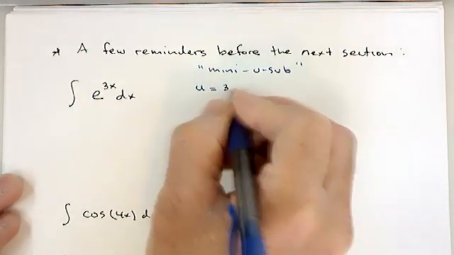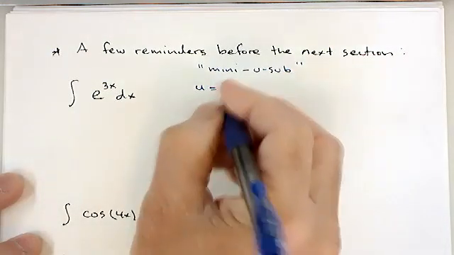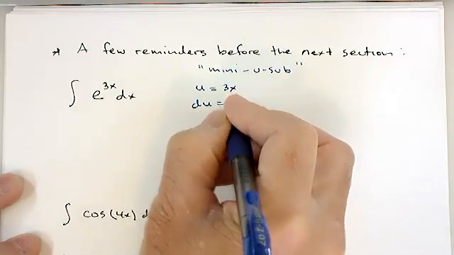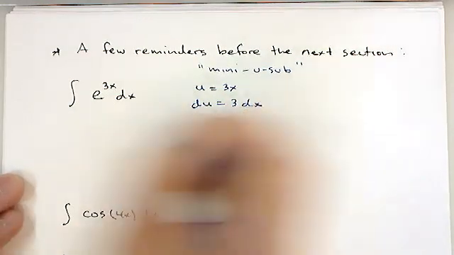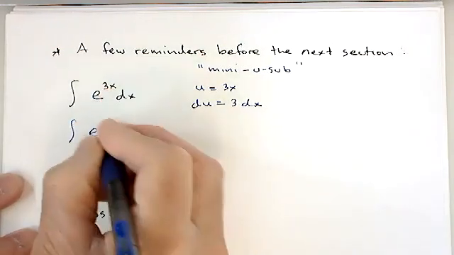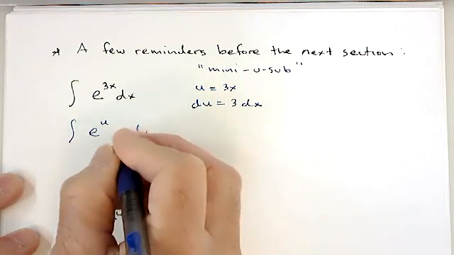But in this case, all I would need to let u equal is 3x. That's a real tiny thing. du is 3dx. So I now have e to the u, right? That's my u. And all I have left over is a dx.